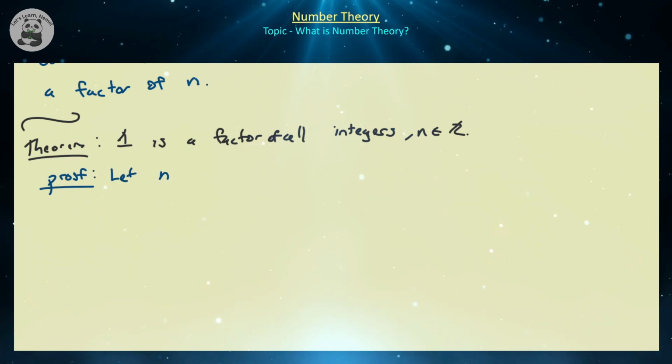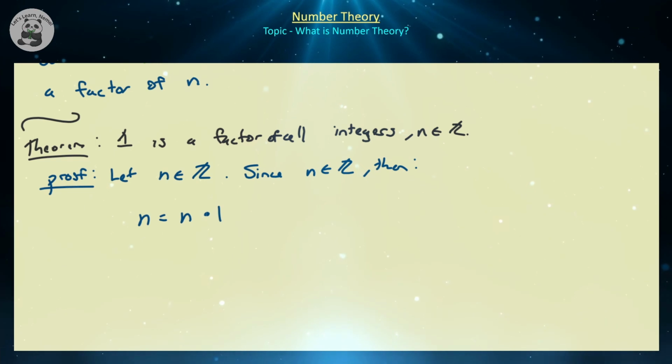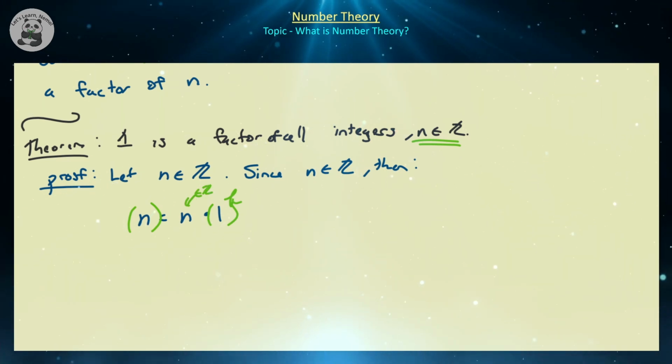So what we can do is let n be an arbitrary integer. Since n has been chosen to be an integer, we can write n equal to n times 1, right? So is 1 a factor of n? That's the question we're trying to answer, and keep in mind n is arbitrary. 1 is a factor of n if there exists some integer such that n can be represented as the product of that integer and that factor.